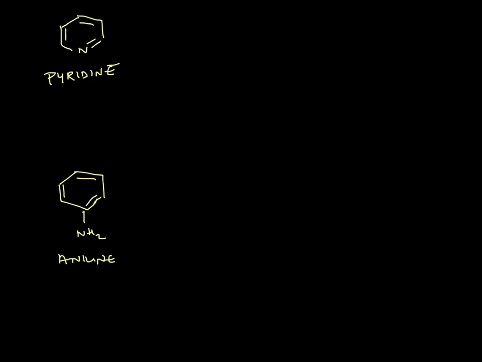So hopefully those ones are not brand new to you. But here's some that are. So if this one is pyridine, it's an aromatic compound with a nitrogen in it. A 6-membered ring with an amine that is not aromatic. This would be a non-aromatic ring. This one is called piperidine.